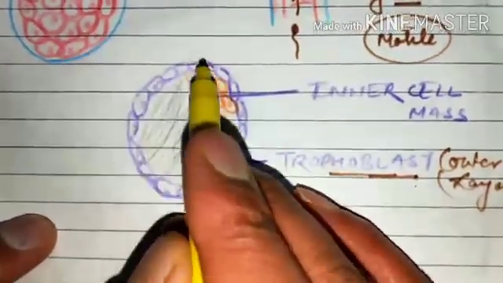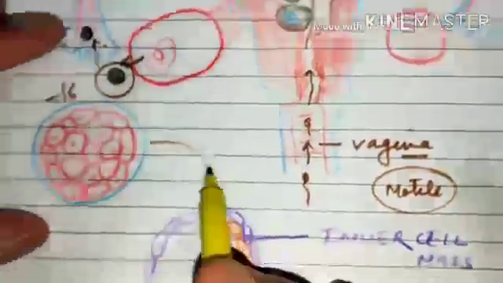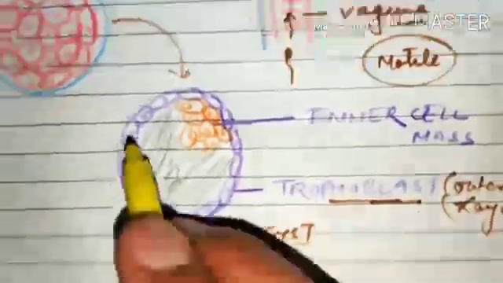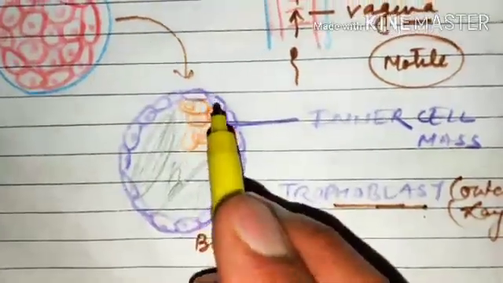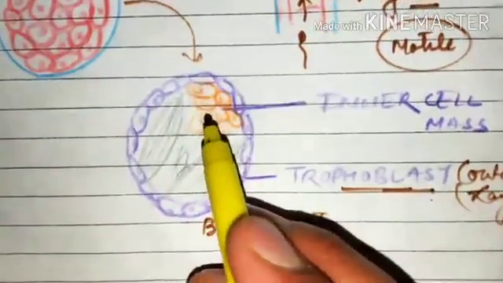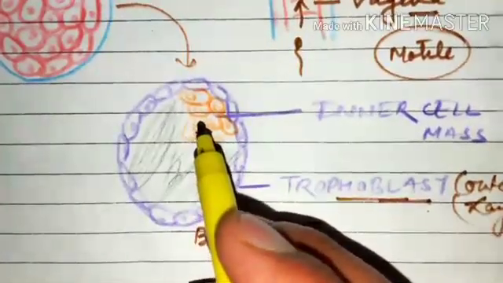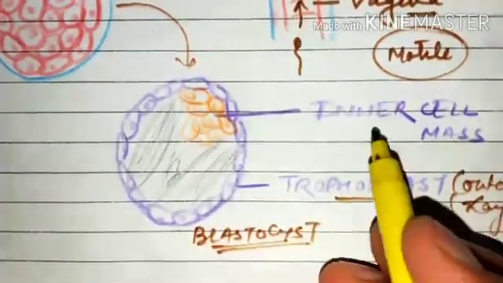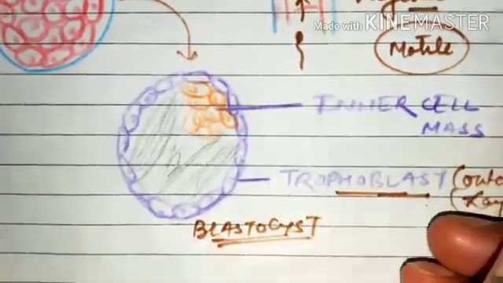When these blastomeres get arranged in such a way that they form an outer layer, this outer layer is called trophoblast, and there is a group of cells inside it, enclosed by it, and this group of cells is called the inner cell mass. Later on this inner cell mass gets differentiated into the embryo.